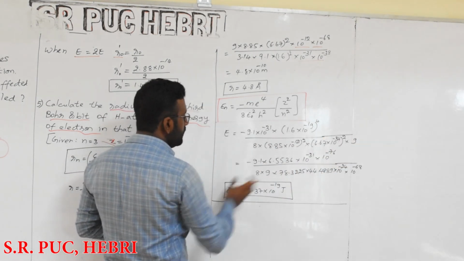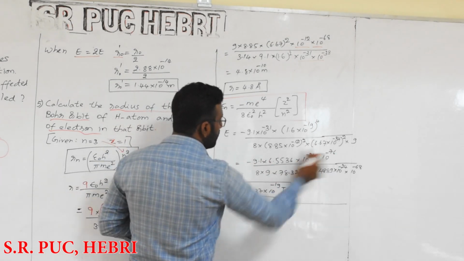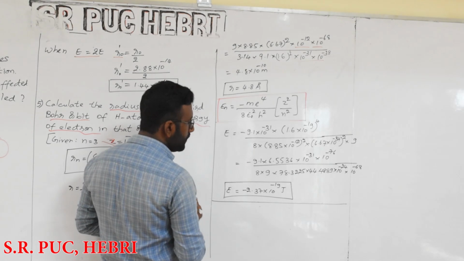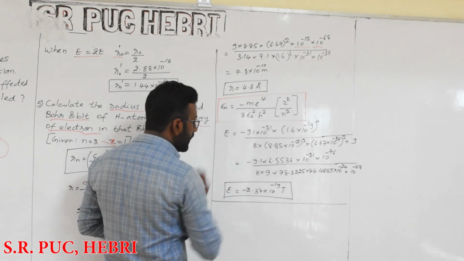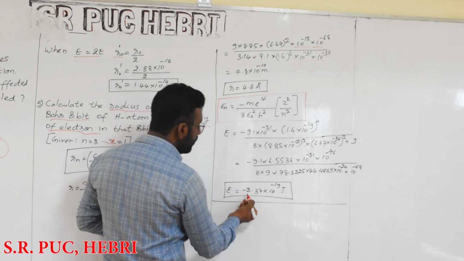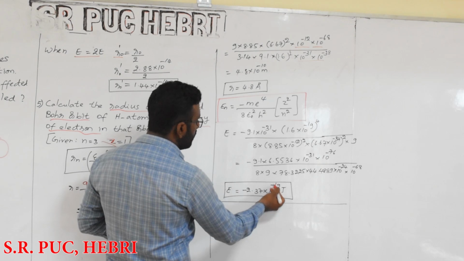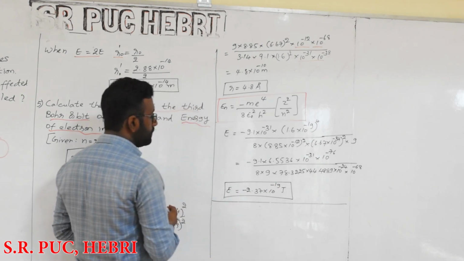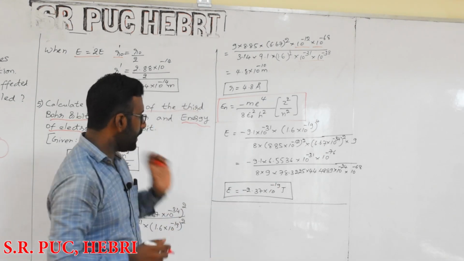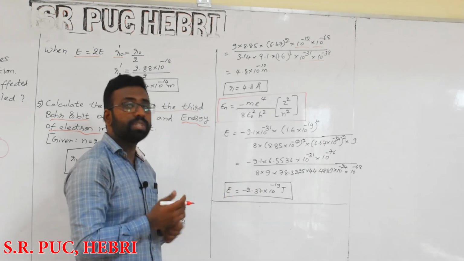Again the same method: take the terms separately, solve them, take the powers separately, and you can check the answer from the board. Do all the calculations and you are going to get the final answer: E is equal to minus 2.37 into 10 to the power minus 19. If you need, you can round off this number to two significant figures.